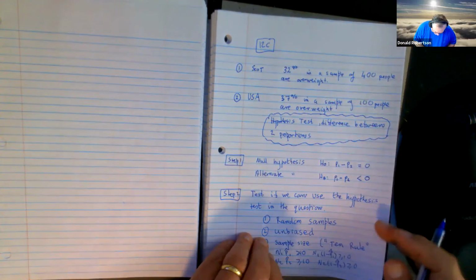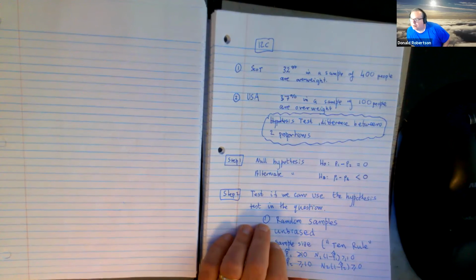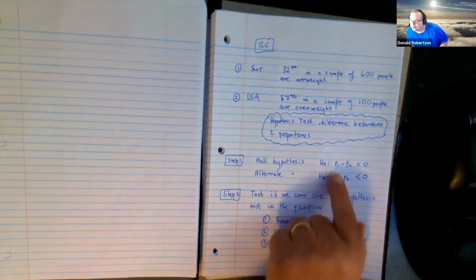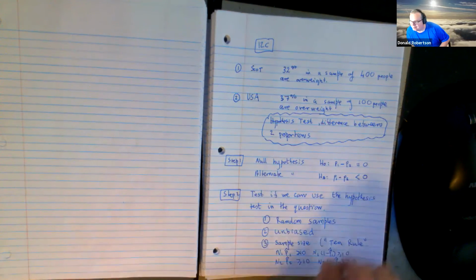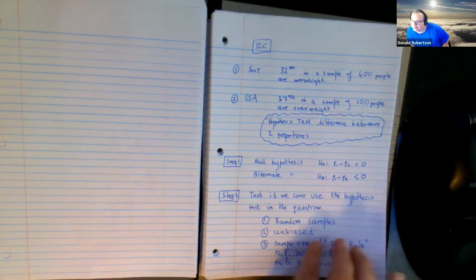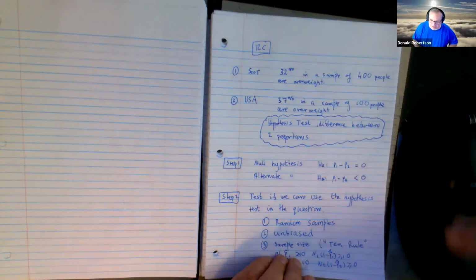You don't pay any blinking attention to it. The null hypothesis doesn't care about the way the numbers are written. It's still going to be these two. The numbers that you're interested in happen in step 3, where you actually go to SALT, because SALT is going to take all this information and calculate what's called a test statistic and a p-value. So sometimes they'll tell you 82 out of 400 were overweight and 17 over 120 were overweight.